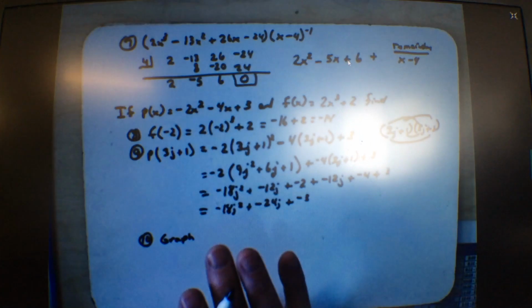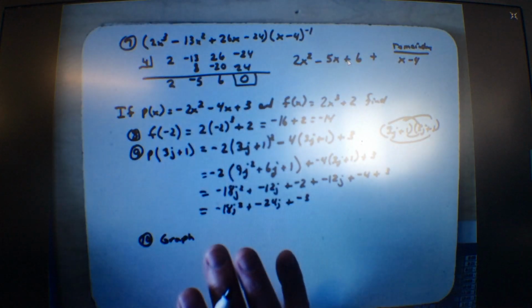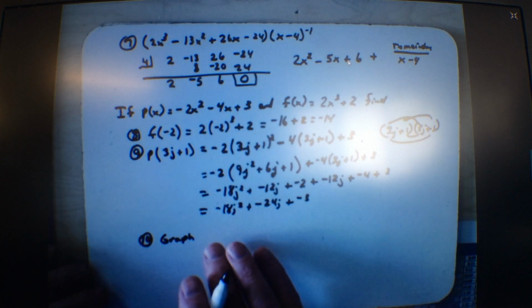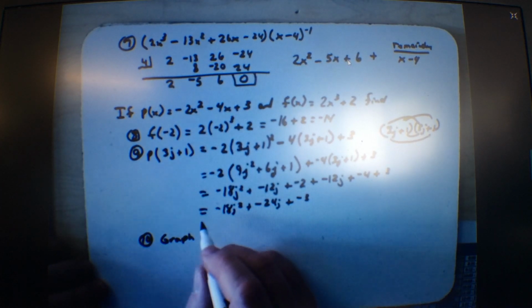Oh, it was analyzing graphs, wasn't it? Okay. We try to pick one that is like the one on the test. And can you use your graphing calculator? Yes, you can.